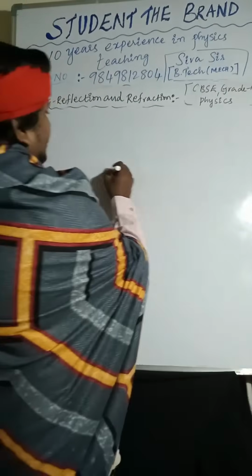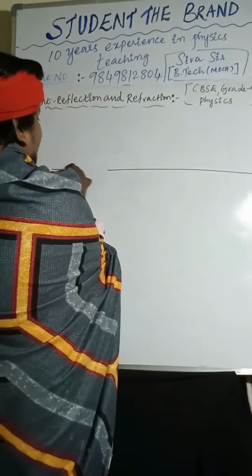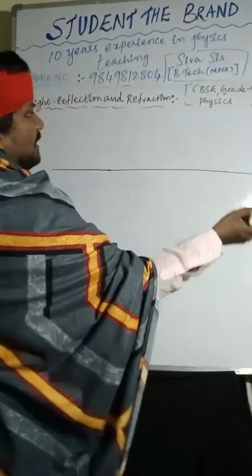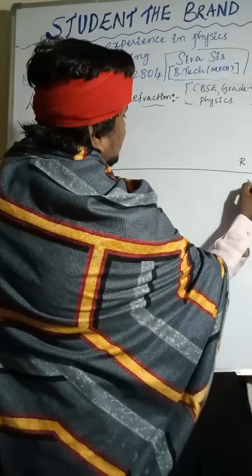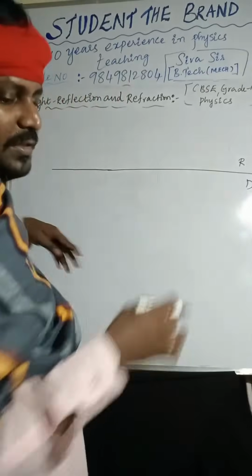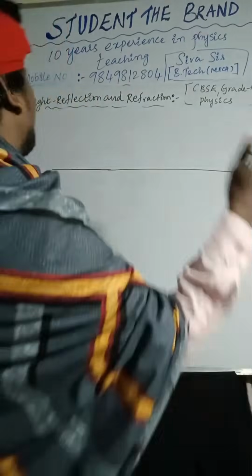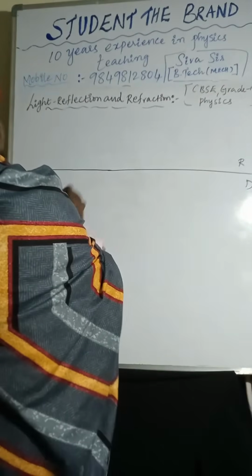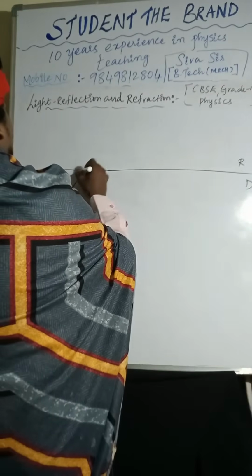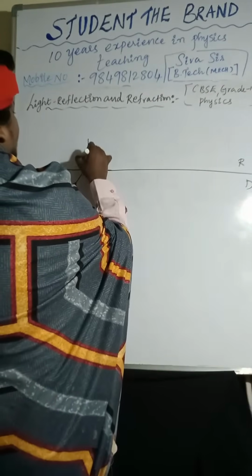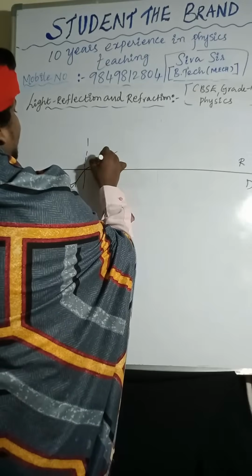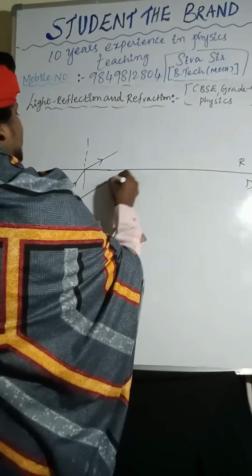Normally if the light ray is passing from rarer to denser, it bends towards the normal line. But here I'm taking the light ray passing from denser to rarer, so it moves away from the normal line.